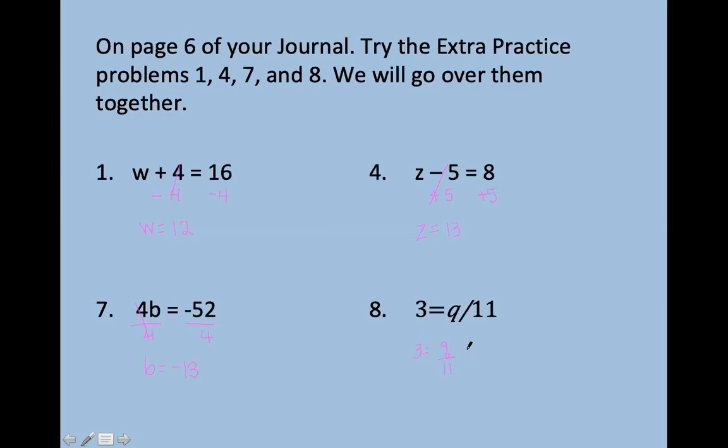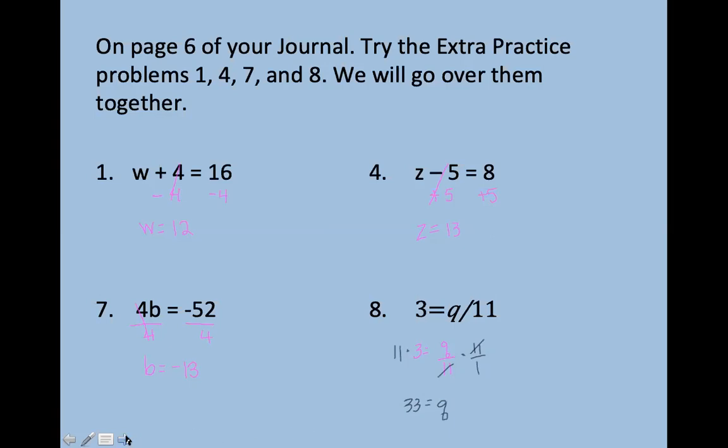I'm going to multiply both sides by 11 because I want that q all by itself. So 11 times 3 is 33. And on the right side, remember, even though I don't draw the 1, I know that 11's in the numerator. It cancels with that 11 in the denominator, and I'm left with just q. So q is equal to 33.